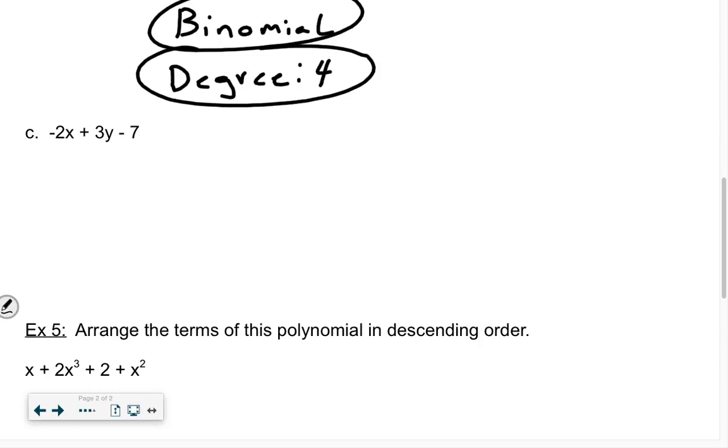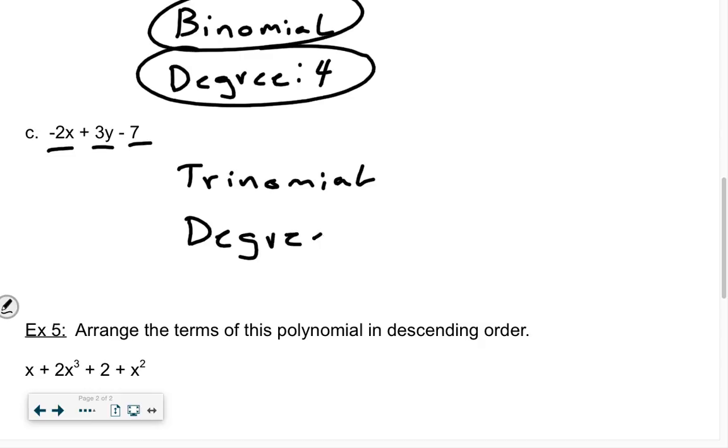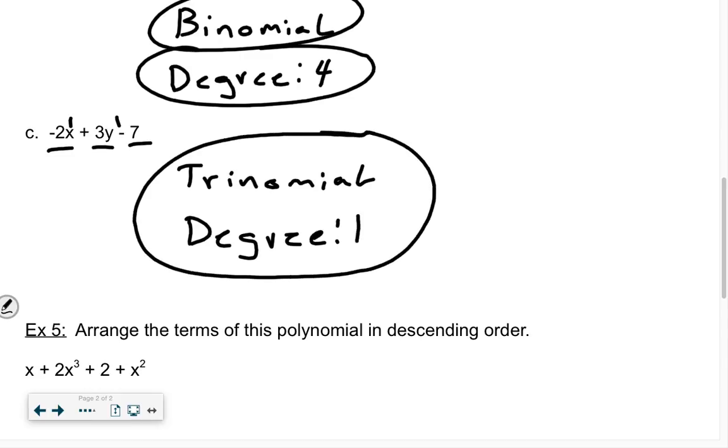Well, we have 3 of them, 1, 2, and 3, so it is a trinomial. And if we identify the highest exponent that we have here, understand that this x is understood to be a 1, this y is understood to be a 1. So both exponents are 1, which means we have a degree of 1. Whether you're looking at the x or the y, it does not matter. Degree is 1.